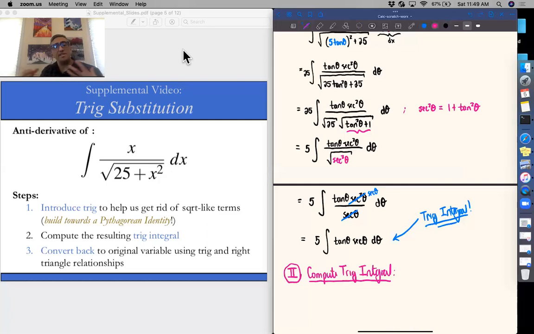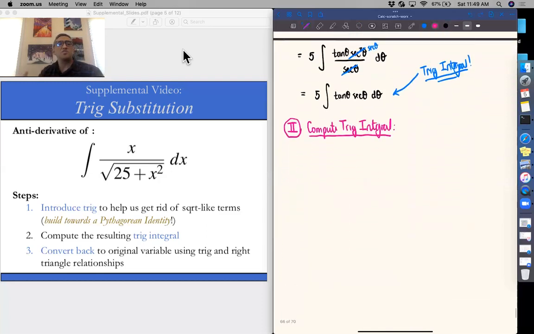And I just want to mention, in this particular example, we've been practicing a lot of these trig integrals for the past couple days. So in this example, I wanted this trig integral to be something a little more straightforward than we normally see at this stage in a trig sub problem. So if we take the integral that we have now, the integral of 5 times tangent theta secant theta, if we look at what's in the integrand, we'll actually notice that's the derivative of secant.